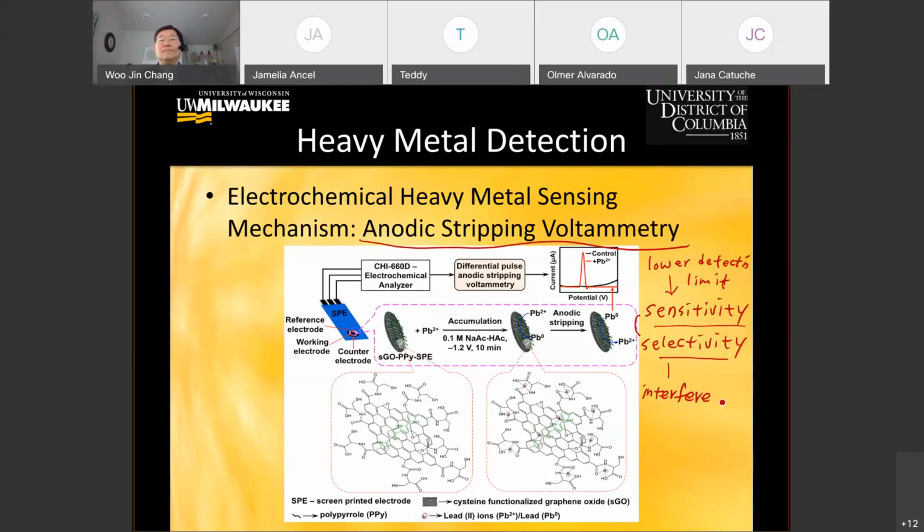If you think about natural water, it has a lot of chemicals and molecules. In our case, we just want to know the concentration of the heavy metals like lead or cadmium.